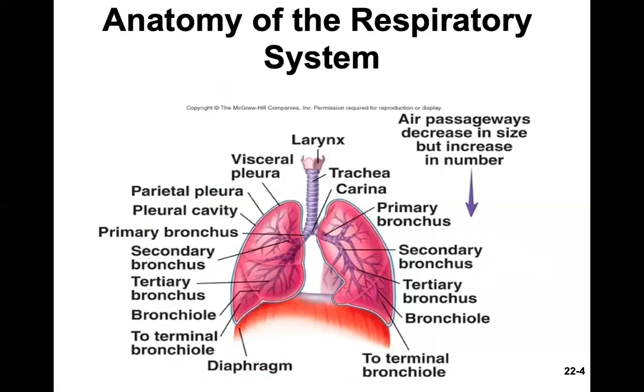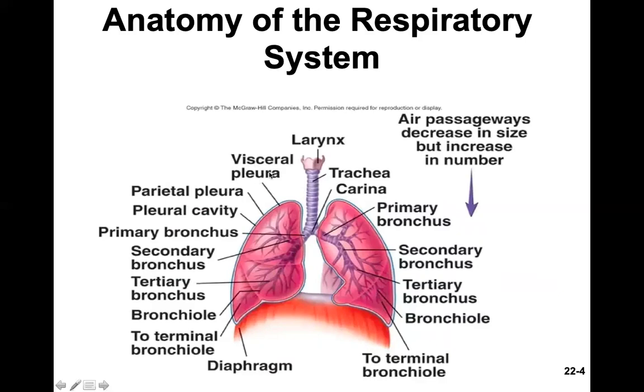So your passageways will have to get smaller in order to be able to receive oxygen on a molecular level and exchange carbon dioxide on a molecular level. Have those molecules go in and out of the bloodstream and cross those cellular barriers. Everything has to decrease in size, but there will be an increase in number so that you have more of these cells to actually help you do this exchange.